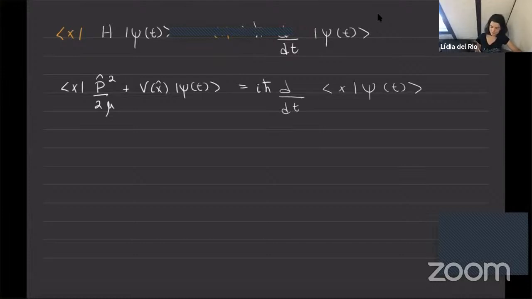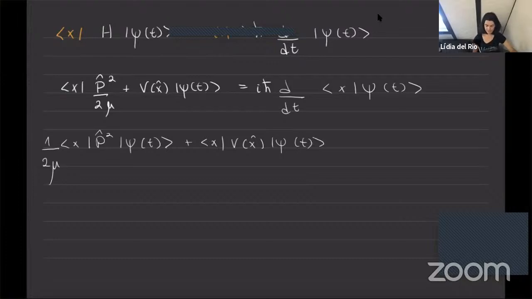Okay, so now we have some terms here to work with. So x, 1 over 2 mu of x p squared psi of t plus x V of x psi of t equals I h bar d dt.